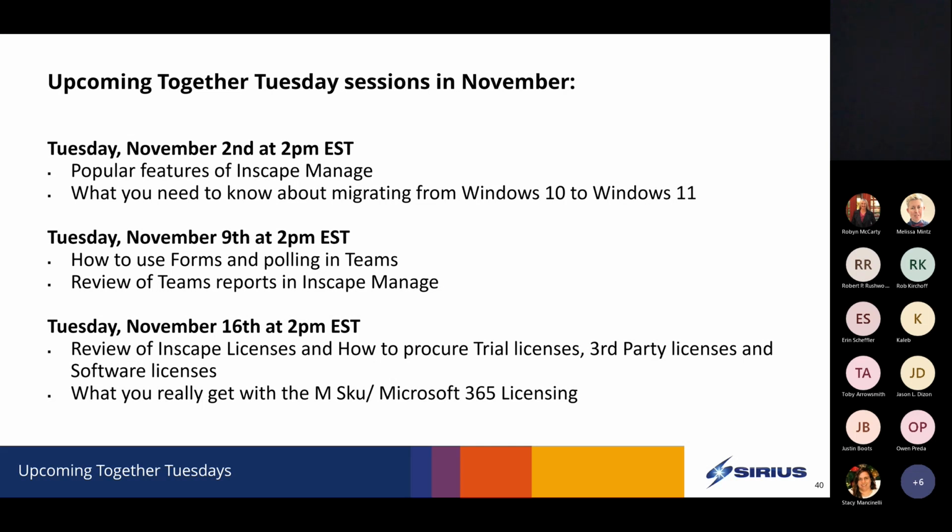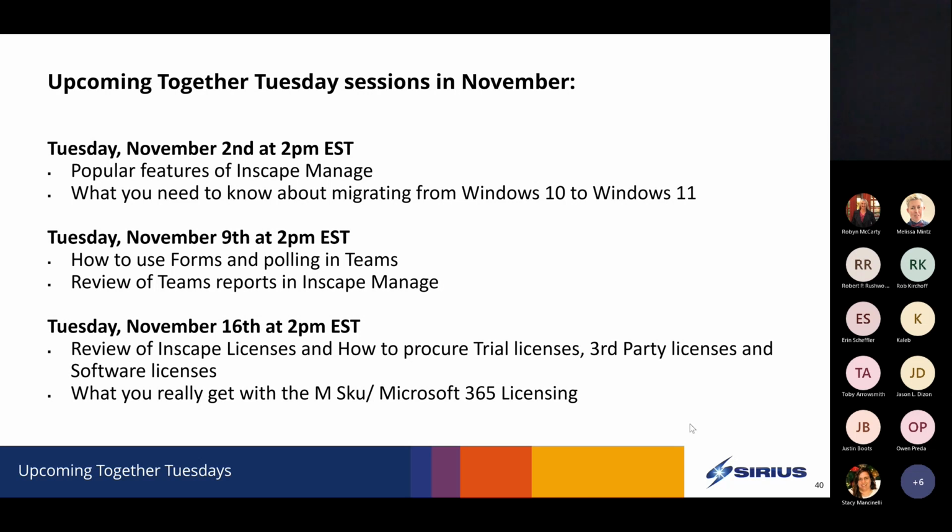And then on the 16th, right before we break here for the holidays for Thanksgiving, we're going to be going over the Inscape licensing and how to procure trial licenses, third-party licenses, and things like that. And what you really get with the MSKU, the Microsoft 365 licensing, whether it's the E3 or the E5, we're going to break that down for you on the 16th.